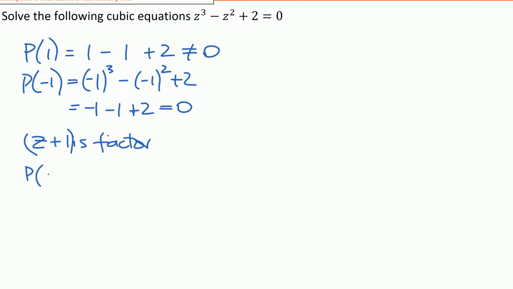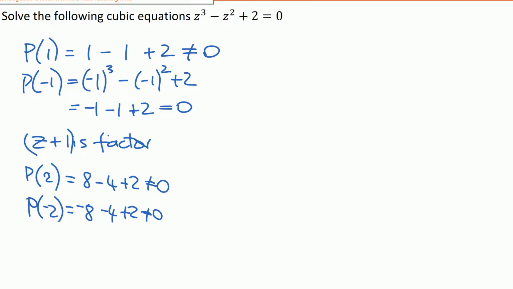But if I did P of 2, I would get 8 minus 4 plus 2, which is not equal to 0. If I did negative 2, I would get negative 8 minus 4 plus 2, and again that's not equal to 0. So this is the key thing.